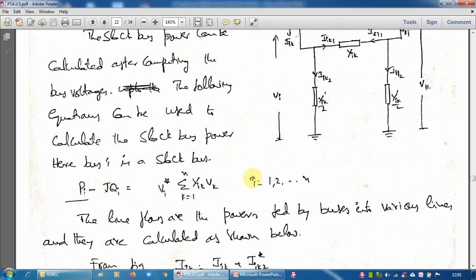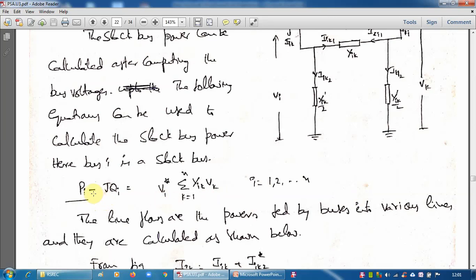For example, if bus 1 is taken as the slack bus, then P1 minus jQ1 is nothing but V1 conjugate into the sigma of this. That means Y11 V1 plus Y12 V2, and so on. That will be the expression form.